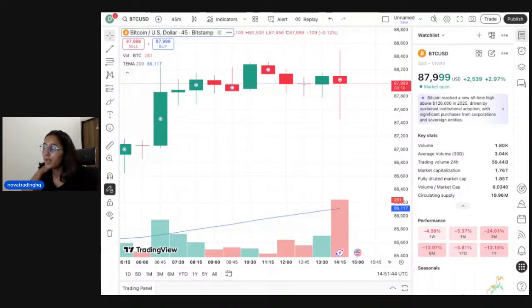This is very crucial because in an uptrend, pullbacks are slow and overlapping, but in a downtrend, pullbacks are very fast and impulsive. So these red candles are profit taking, not aggressive selling. This is still a bullish structure.